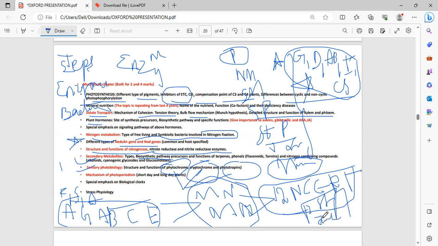Mainly, we have to focus on the functions and some of the concepts. That is photoperiodism, circadian rhythms, and nyctinasty. Like that, we have to study some concepts along with this comparative table also. Special emphasis on biological clocks. And next, stress physiology.